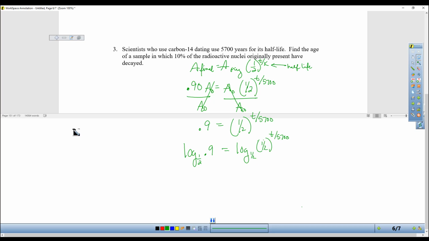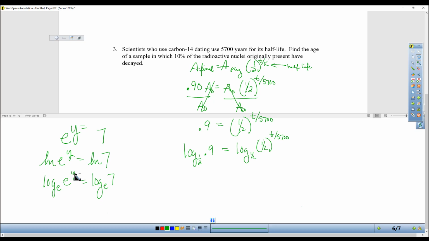So when we had e to the y is equal to 7, we took the natural log of both sides because natural log is really log base e. That's what natural log is. But somebody gave it its own special name, but it's log base e.